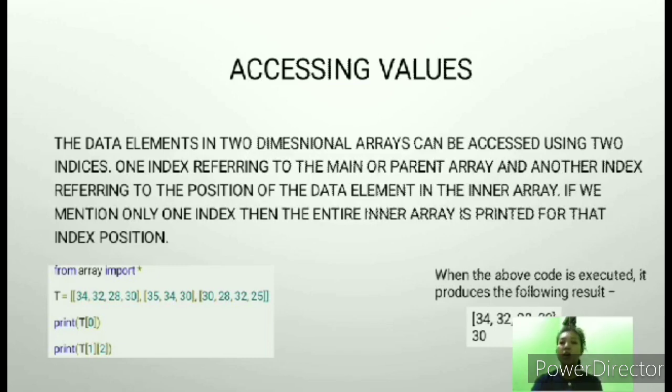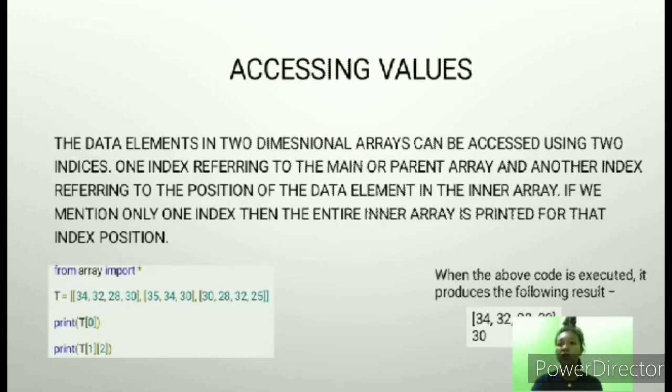For the sample code, from array import T is equal to the recorded temperature in 3 days. Then print T row 0. Next is to print T row 1 column 2.